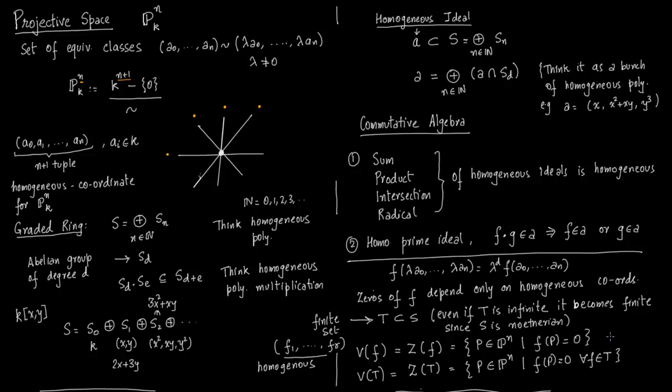I should actually write fi(p) equals 0 for all fi in T. You could also write it as zeros of f1, f2, all the way to fr, where each fi is homogeneous. Again, this is taken from Hartshorne, and you should be able to read up on it. Instead of Z, I can write vanishing set.